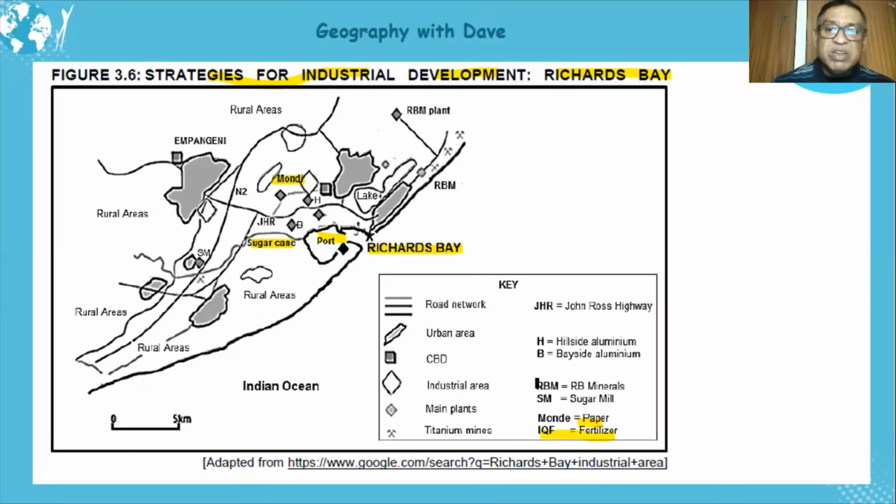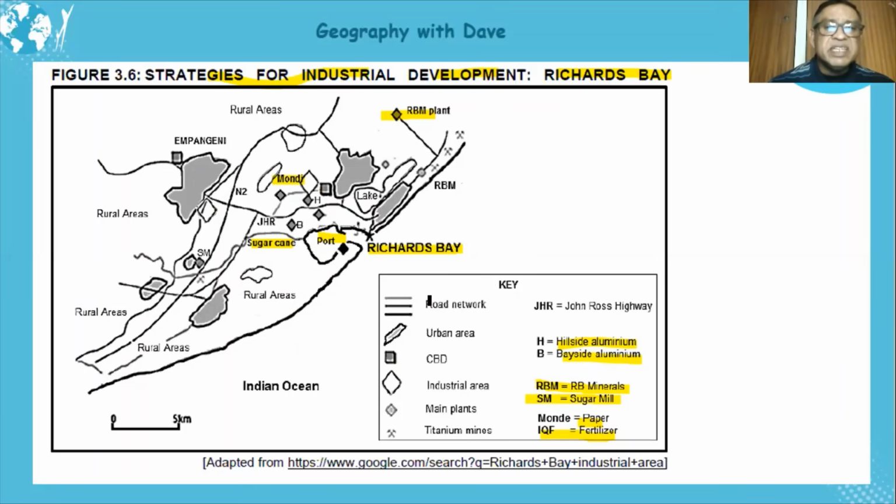It's telling us all different types of production that's happening here. Oh, RBM, that's Richards Bay Minerals. The sugar mill is here, so there's a lot of manufacturing. Hillside aluminium, Bayside aluminium, all found in this area. Can you see the RBM plant here? The Richards Bay mineral plant. Can you see? So all these things are being given to us here.